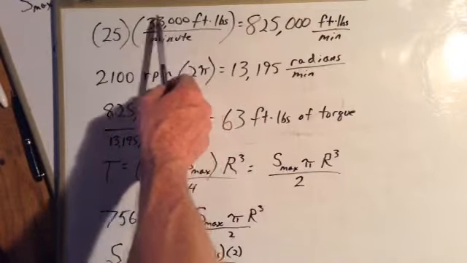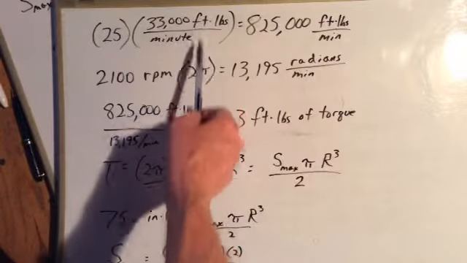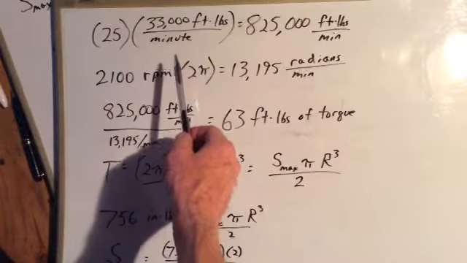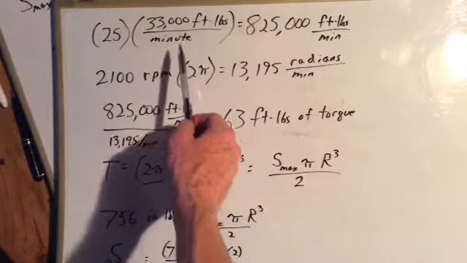If you lift 33,000 pounds 1 foot in a minute, you're producing 1 horsepower. If you lift 1 pound 33,000 feet in a minute, you're also producing 1 horsepower. So 25 horsepower will be 25 times that, which is 825,000 foot-pounds per minute.